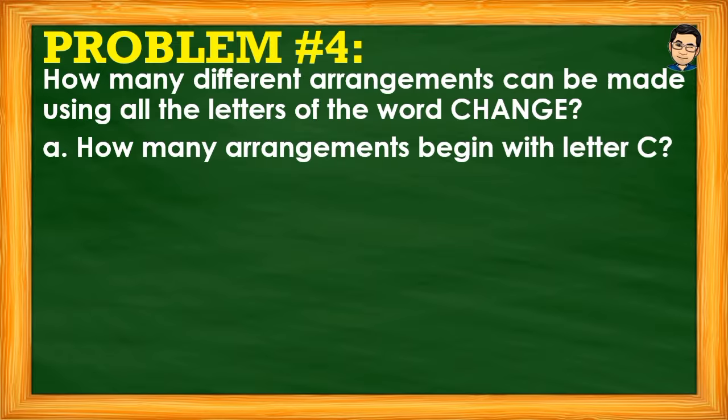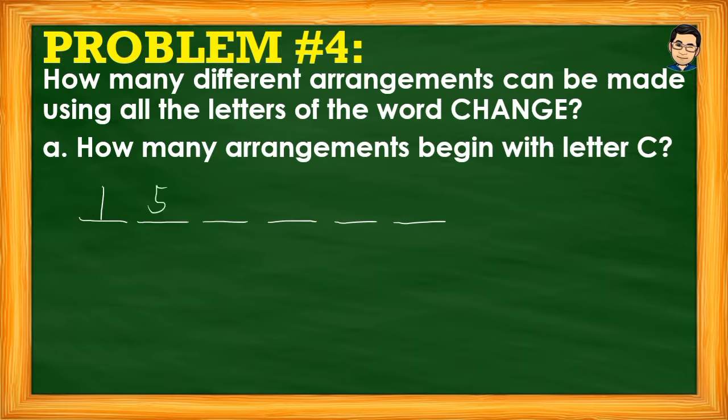For letter A naman, how many arrangements begin with letter C? So, dito, yung mga tinatanong niya, what if daw yung mga arrangements, yung first letter nagsisimula sa C. So, sulat po natin yung 6 na blanko. And then, since letter C lang po ang pwede natin gamitin sa first letter, so ilalagay po natin 1. Okay. And then, on the second letter, ang bilang ng letters na pwede nating ilagay ay 5.